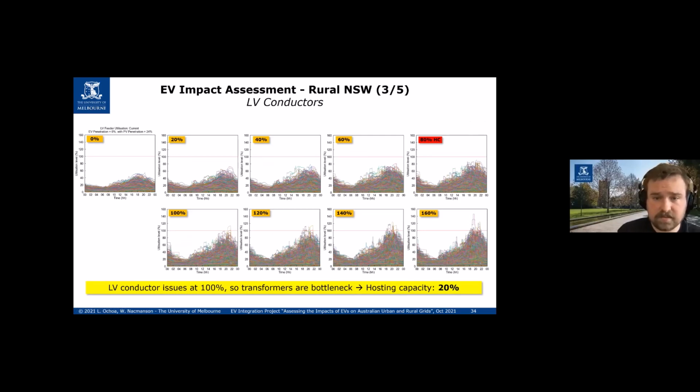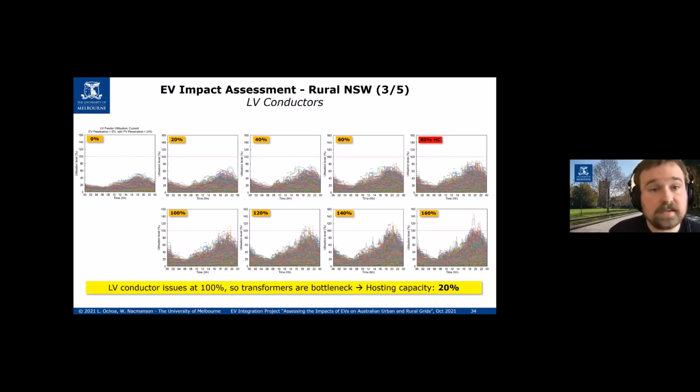So the LV conductors, again, it's a similar kind of story, except now the hosting capacity is higher. These are the conductors within the LV feeders, not the HV feeder. They start to overload for this New South Wales feeder, based on the ADMDs and demands we're using, from 100% and beyond.